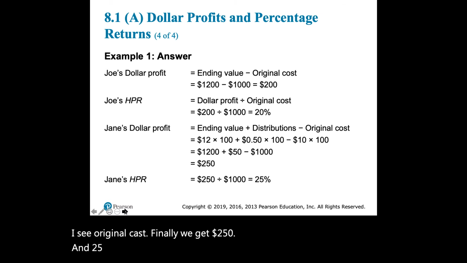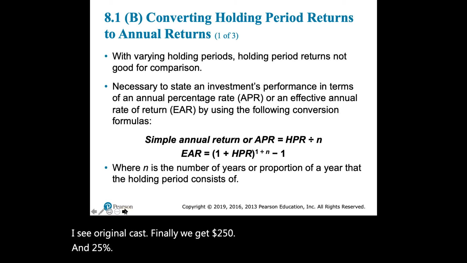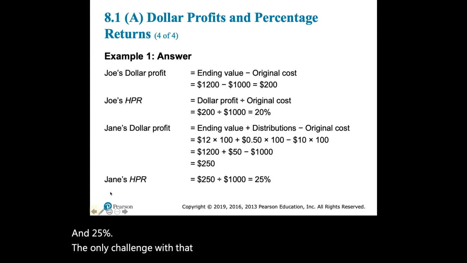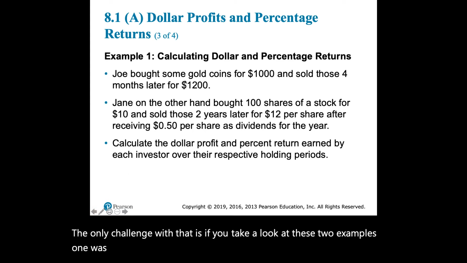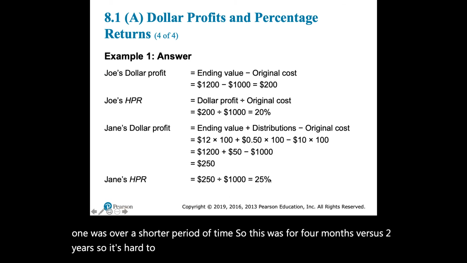Now, the only challenge with that is if you take a look at these two examples, one was over a shorter period of time. This was for 4 months versus 2 years. So it's hard to compare whether this is a better return, Joe versus Jane, because it wasn't annualized.